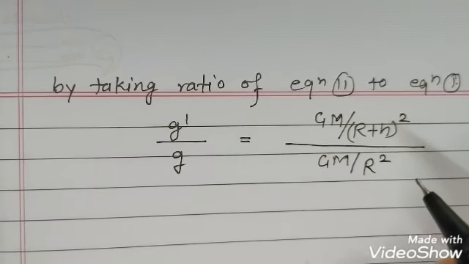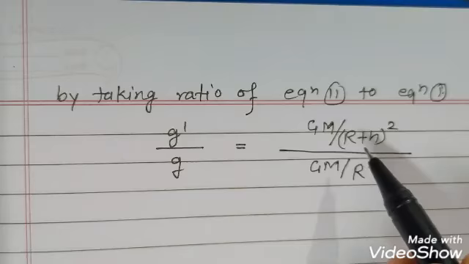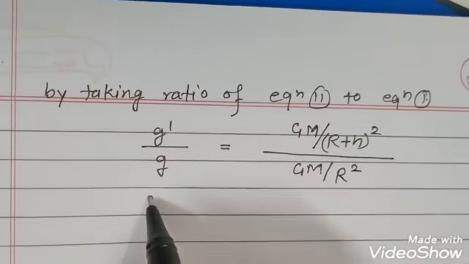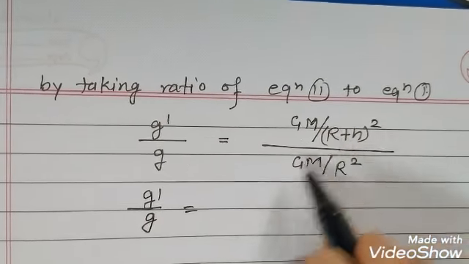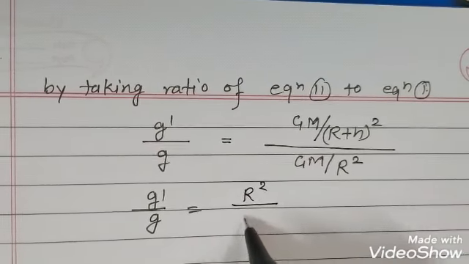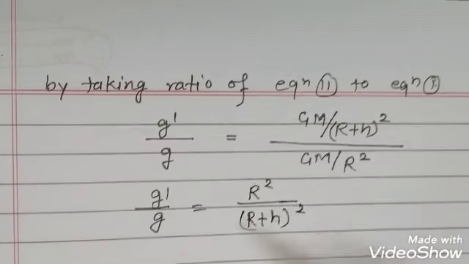GM will be cancelled. It is g dash upon g equal to r square upon (r plus h) the whole square.